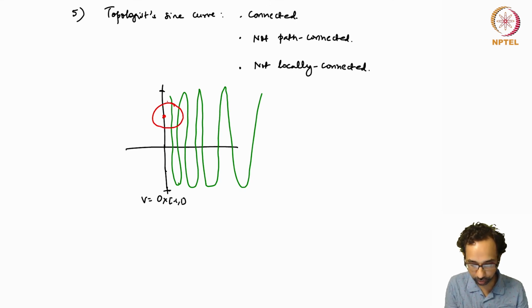And then if you take a point, let's say here, and take an open neighborhood of this point, so this is the open neighborhood U, and now U will not have all its connected components open. For example this part is a connected component, this part is a connected component, and there will be a connected component that contains this entire segment.